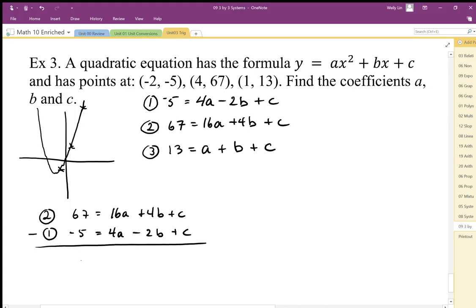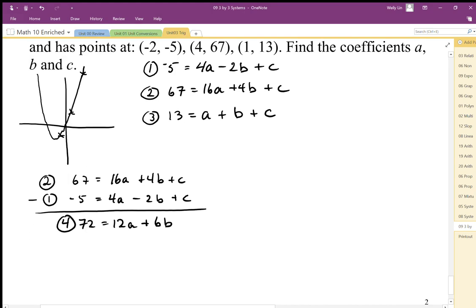Subtracting these, I end up with 72 equals 12a, plus 4b minus negative 2b is going to give me 6b, and then the c's cancel out. Again, I'm going to number that to keep track of my equations.